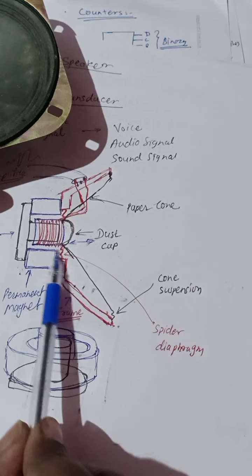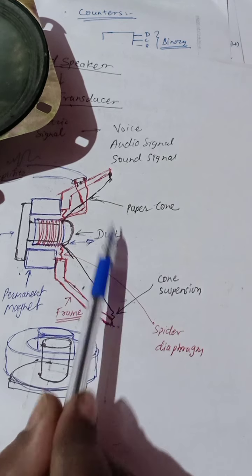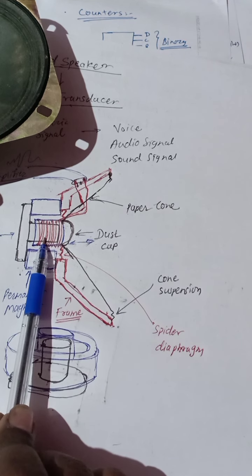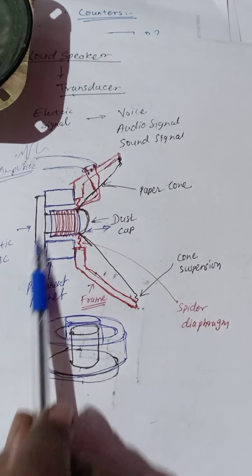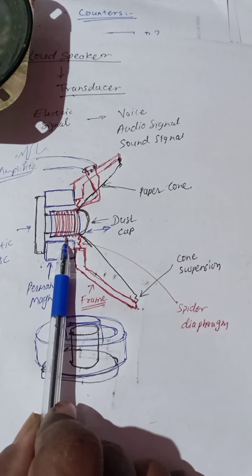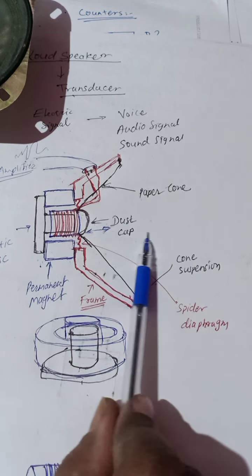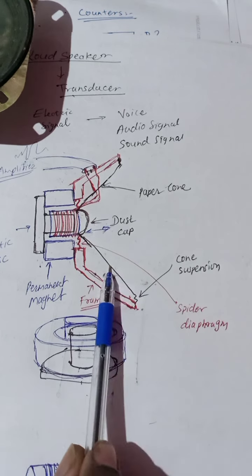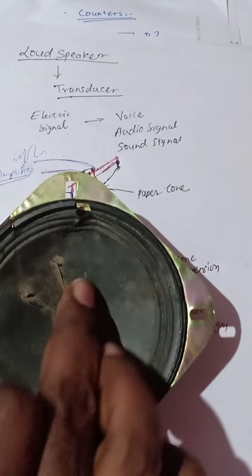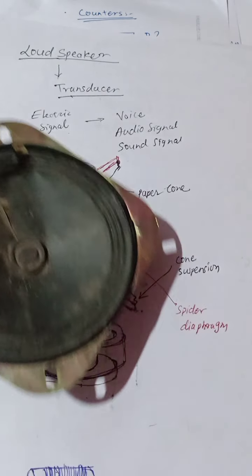It is continuously pushed out, and because of the spring action, it is brought back to its original position. So this is a transducer. This is the movement of the diaphragm or paper cone, which continuously vibrates and generates sound.